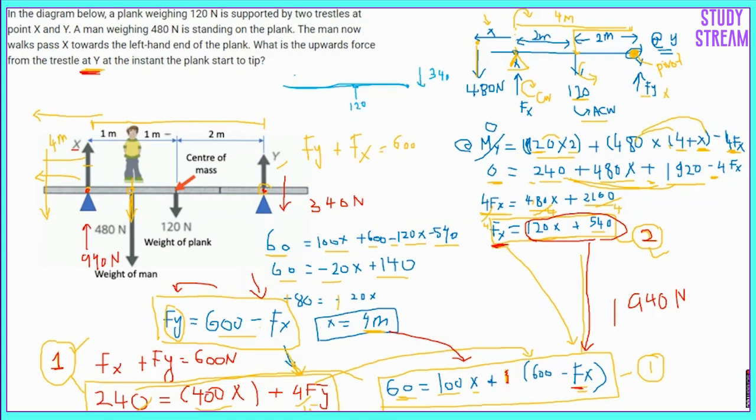And then another 2 meters, we have the Fx going up by 940. And then this one is going down at 4 meters by 480.